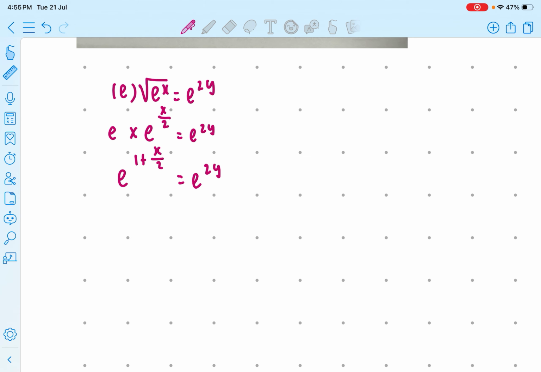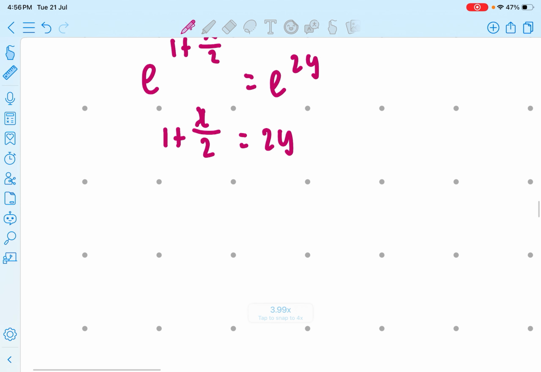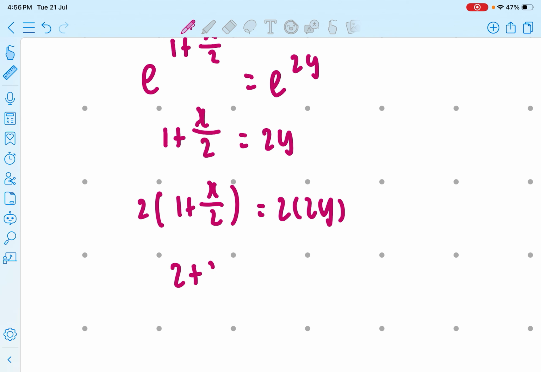Because the base on both sides is equal, you can just equate the powers, so 1 + x/2 equals 2y. To remove this fraction x over 2, we multiply everything by 2, and I'll get 2 + x equals 4y. So this is my first equation.